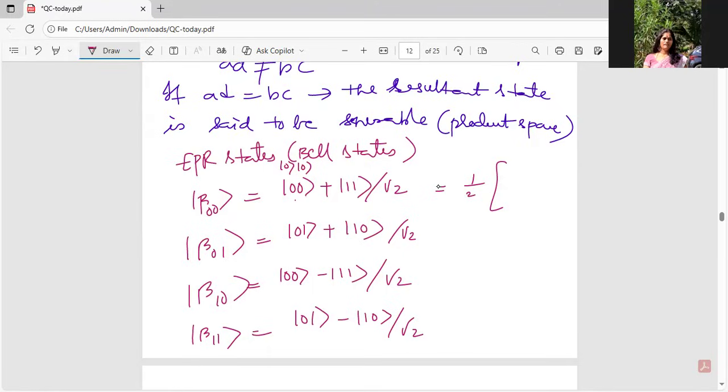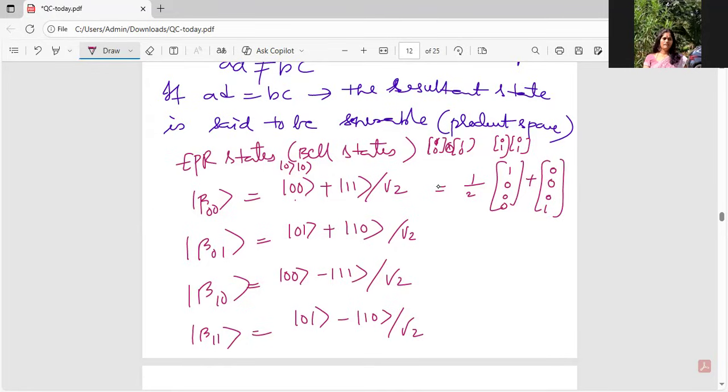So what I will be getting is something like 1, 0 tensor product 1, 0. How will it be? Just see. 1, 0, 0, 0 it will be for the first one. For the second one, it is what? 0, 1, 0, 1. So what happens is it is 0, 0 and 0, 1.